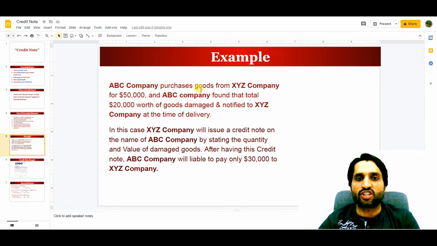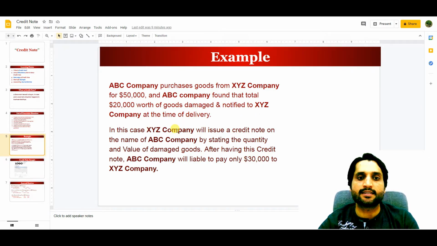ABC company purchases goods from XYZ company. So ABC company is the buyer and XYZ company is the seller, for $50,000. The buyer found that a total of 20,000 worth of goods were damaged, and they notified XYZ company at the time of delivery.